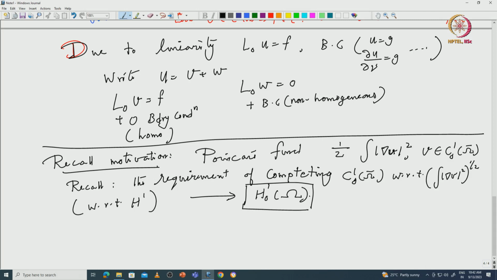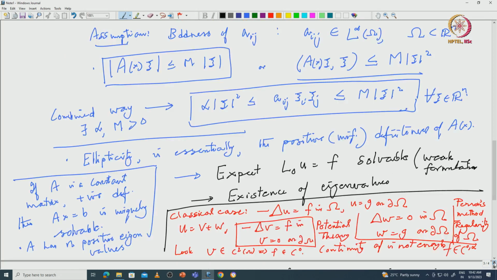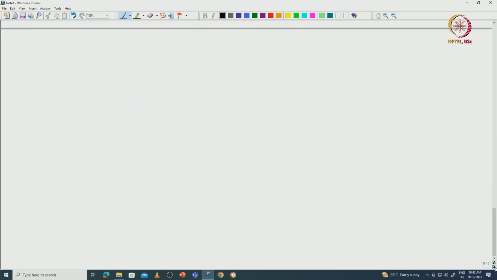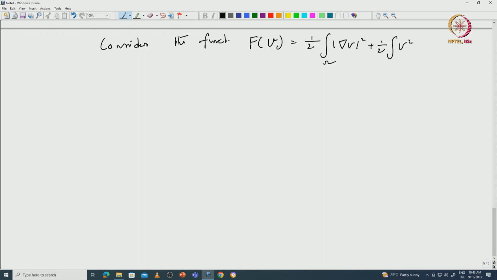So let me write down. Let us consider a slightly more general functional. F of v is equal to half of integral of grad v squared plus half of integral of v squared, over omega.